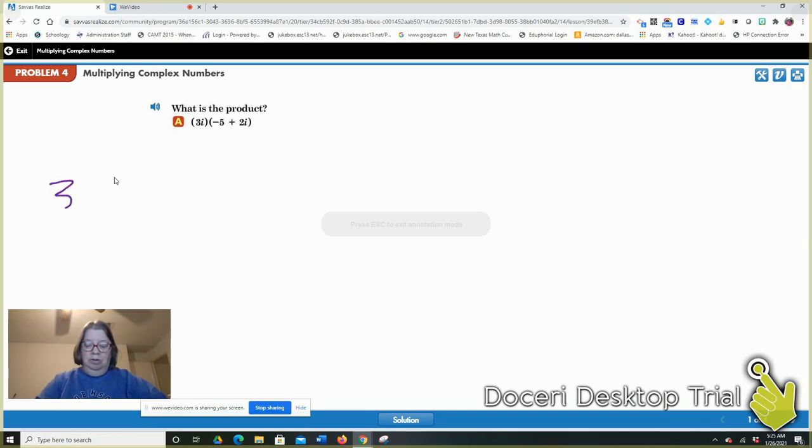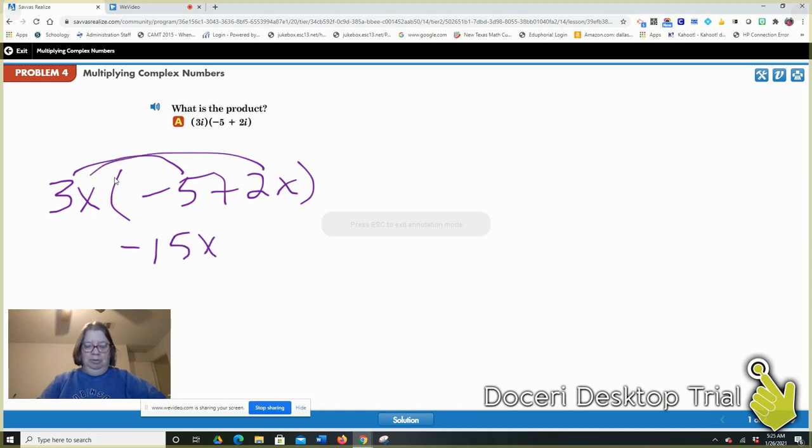What if this were 3x times negative 5 plus 2x? You would multiply this, and you would multiply this. And you'd be done. But this is not x's, this is i's, and it works the same way.